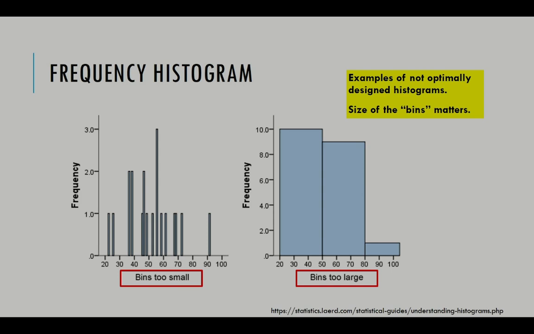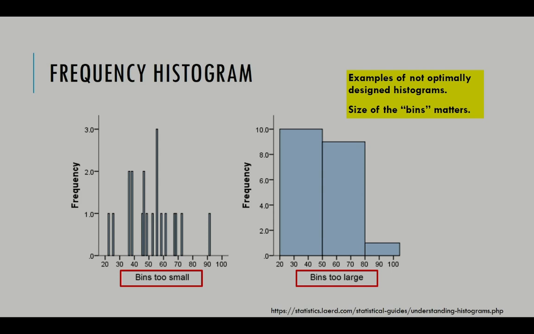But on the right, the bins are too large. I don't really refine the data very well. I haven't offered the reader a whole lot of information here. I'm telling him how many people fall in a 30-year interval. So again, not too small, not too large.